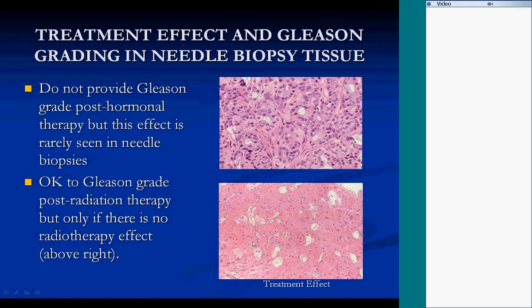However, if there is radiotherapy effect, and that's shown here on the bottom in the image on the right-hand side, there is substantial treatment effect on the cancer, and that entails basically nuclear pycnosis, shrinkage, as well as cytoplasmic vacuolization, and basically holes in the tissue, sometimes with absence of nuclei. So this is classical radiotherapy effect, and in those cases, one should not apply a Gleason grade.